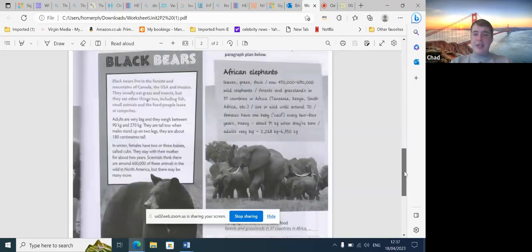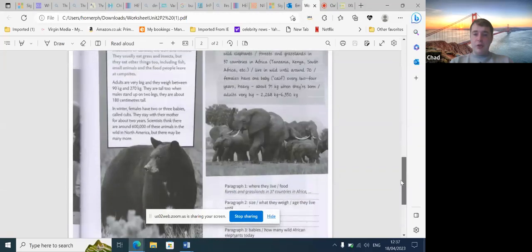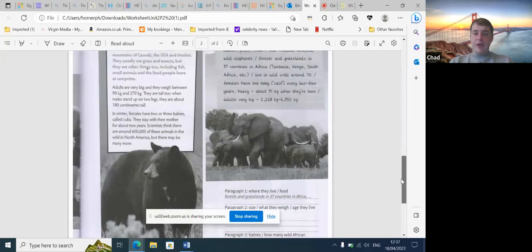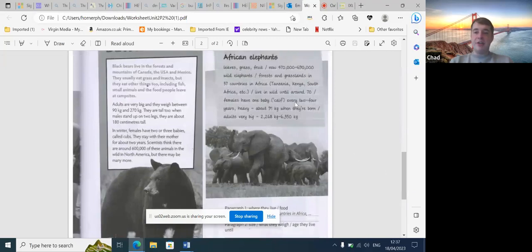Okay, so you could just interject: African elephants are native to the grasslands in 37 countries in Africa, including Tanzania, Kenya, South Africa, etc.